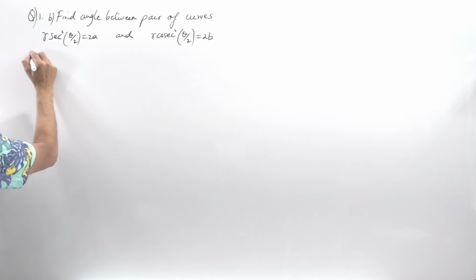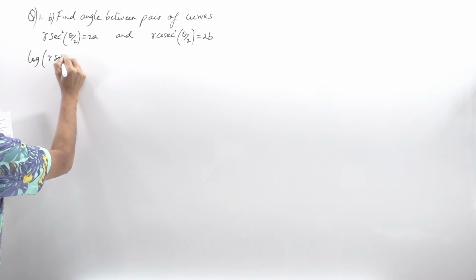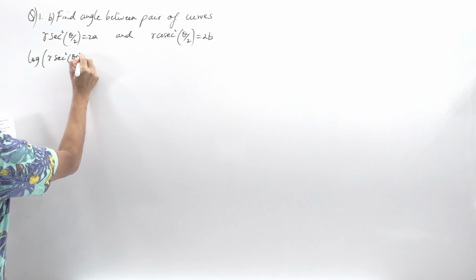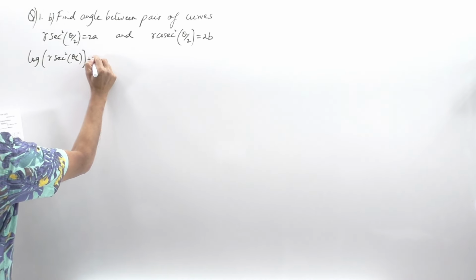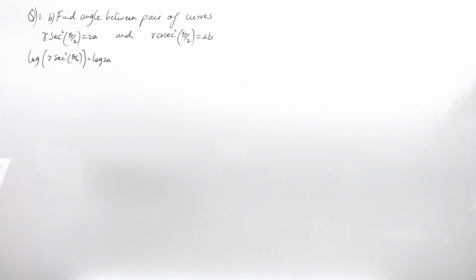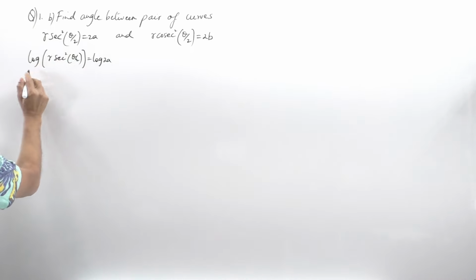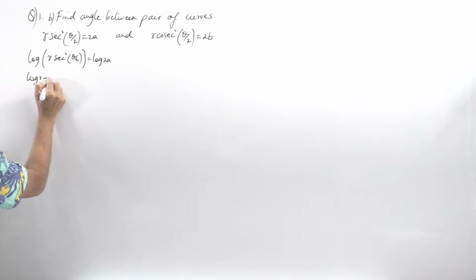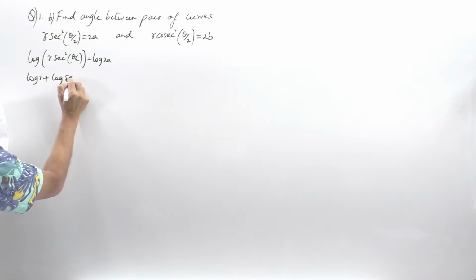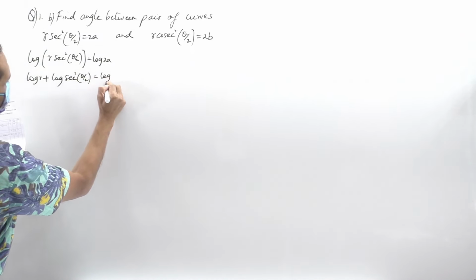As in polar curves, the first step is we apply log on both sides. Log of r into sec square theta by 2 is equal to log of 2a.